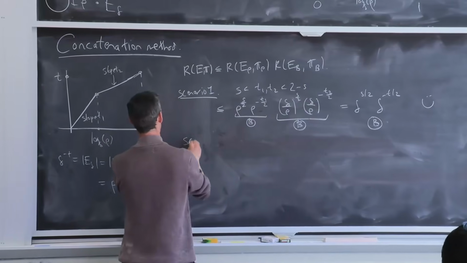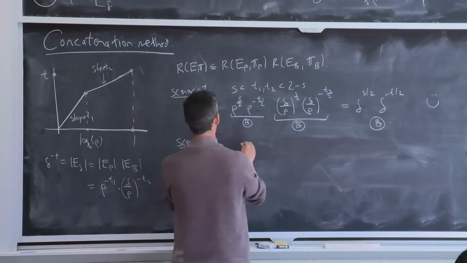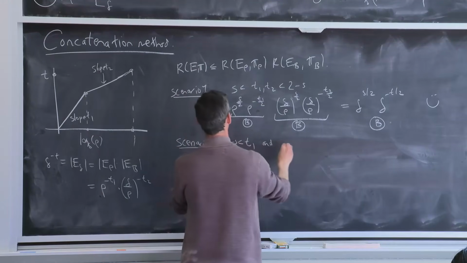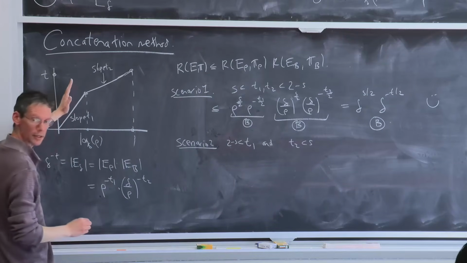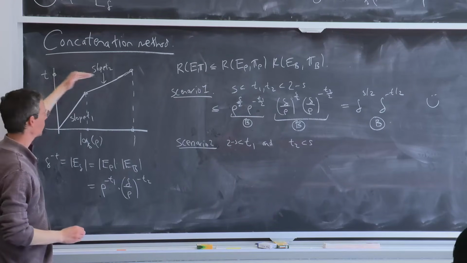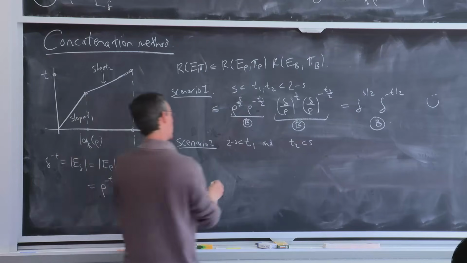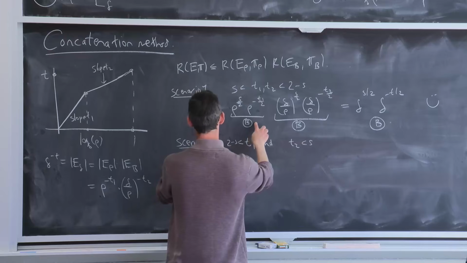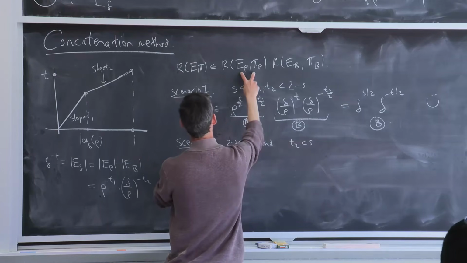But let me mention another scenario. Scenario 2. Maybe t1 is bigger than 2 minus s, and maybe t2 is smaller than s. So maybe this first one is really quite steep, and then the second one is quite shallow. OK. Well, now this first one, when I evaluate this, I'm in the C domain.